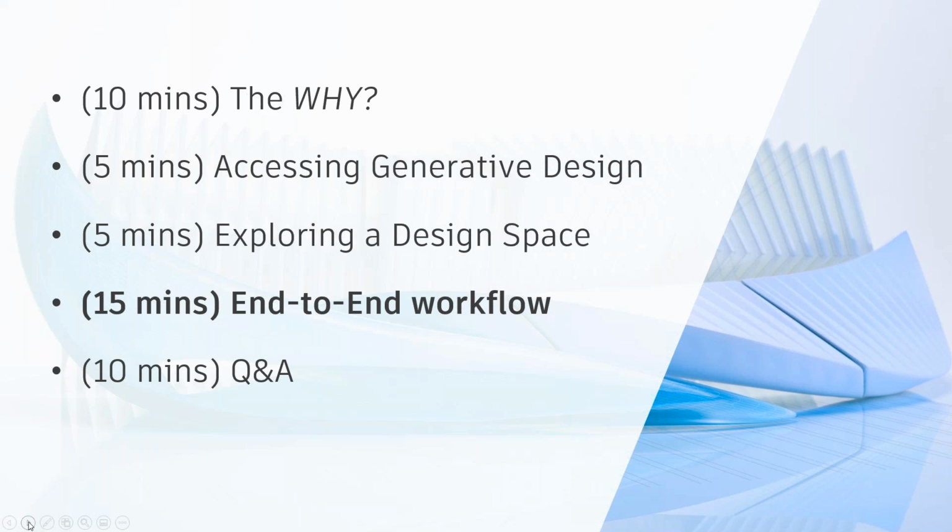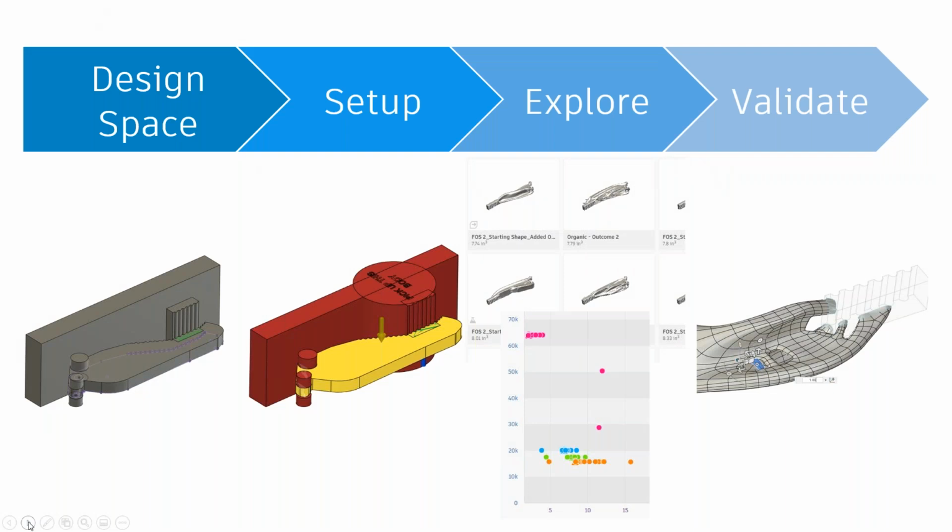But now let's have a look at the workflow. So we are going to define the design space, basically the entities that we are going to define as obstacle, the red one, and as preserved geometries, the green one.